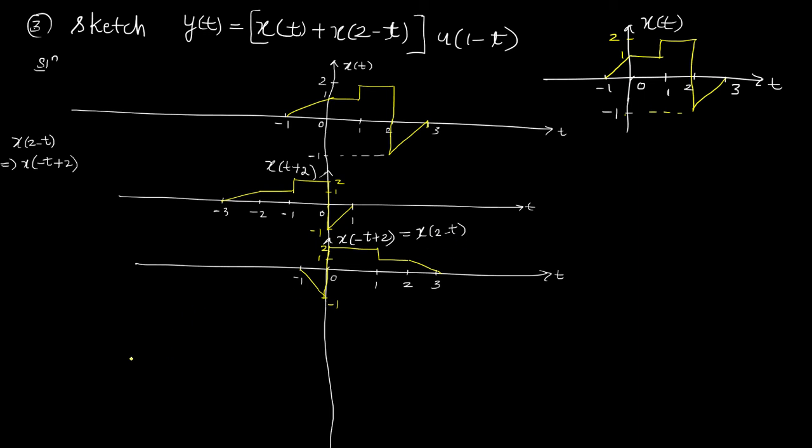Now what is that I have to do in my given problem? I have to add x of t with x of 2 minus t. So this signal and x of t signal, both I have to add them. So if you add both, what happens from minus 1 to 0? Take in between points. At minus 1, amplitude is 0. 0 plus 0, 0.